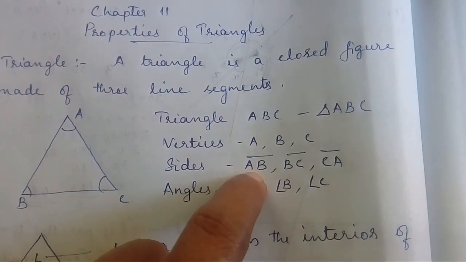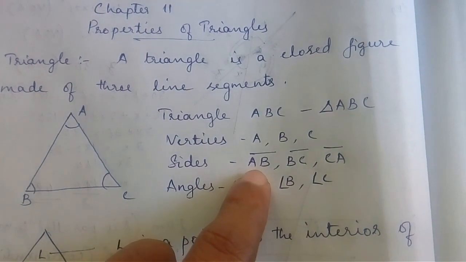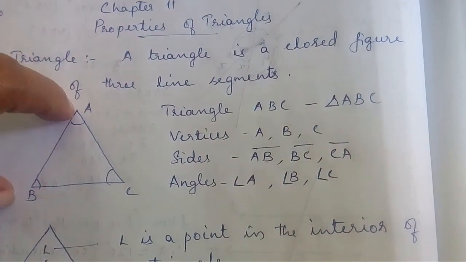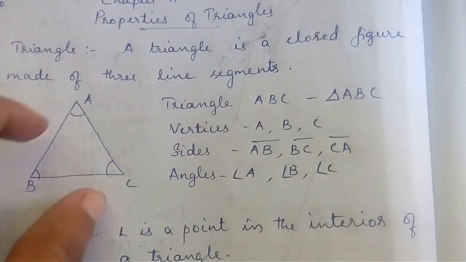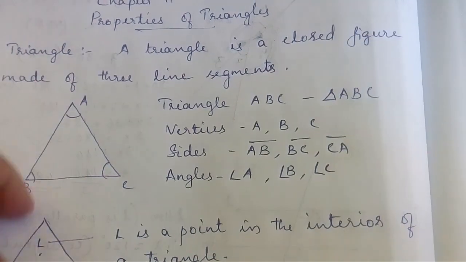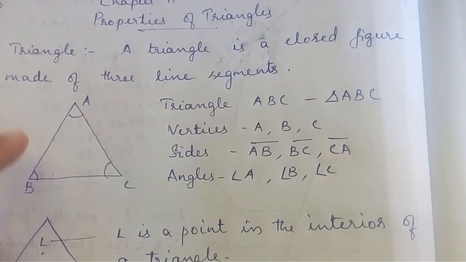We studied how we can represent a line segment using the symbol. So side AB, that is the line segment AB, line segment BC and line segment CA joined in this way to form a triangle.